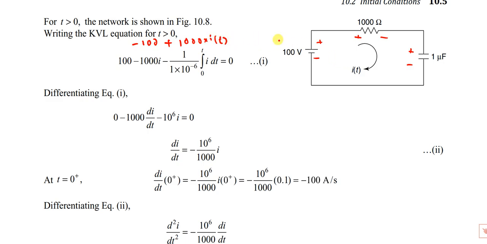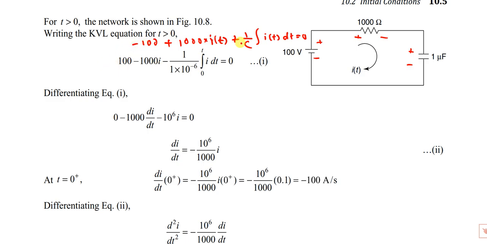In general, for t greater than 0, don't write plus and all. In general, it is I of t plus 1 by C integral I of t dt is equal to 0.